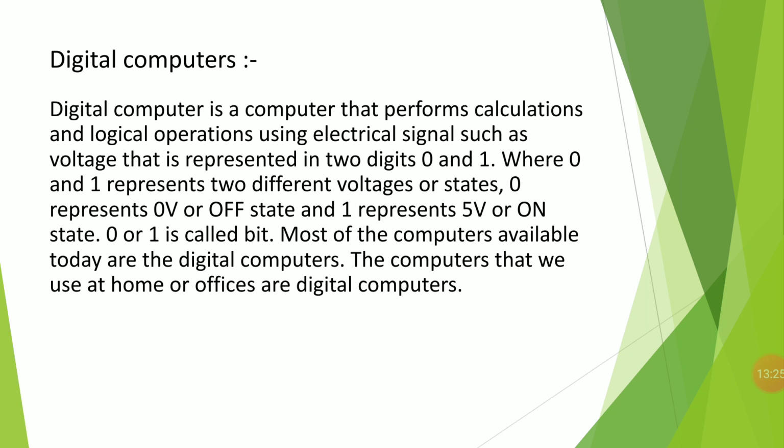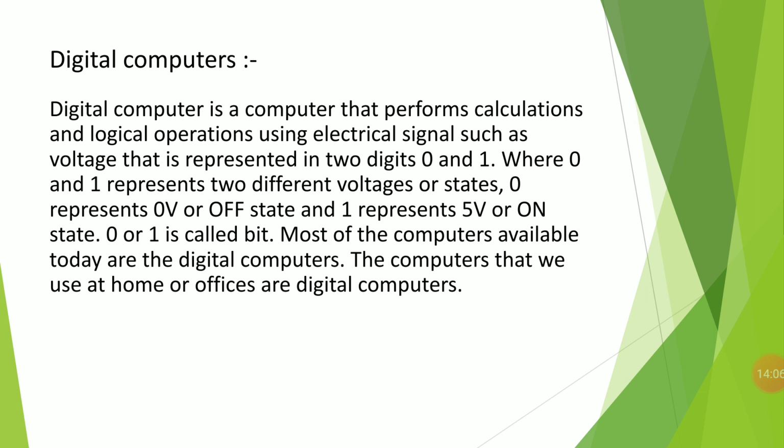By counting, comparing, and manipulating these digits, a digital computer can perform complex tasks and provide more accurate and faster results compared to analog computers. It increases the use, and the fields where we use digital computers are research, offices, schools, and many more places.